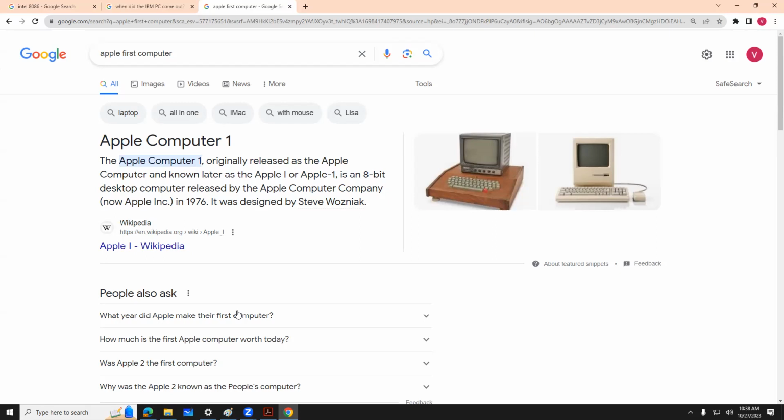The Apple IIe was huge because it's what put Apple on the map. The first prototype was actually called the Apple I, and it was created in the garage of Steve Wozniak and Steve who? Jobs. Steve Jobs and Steve Wozniak, right?